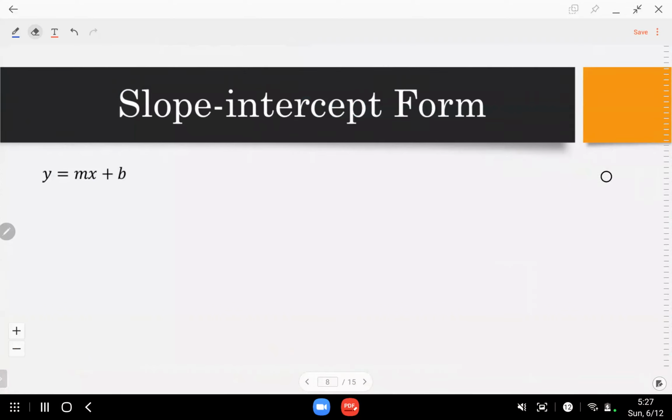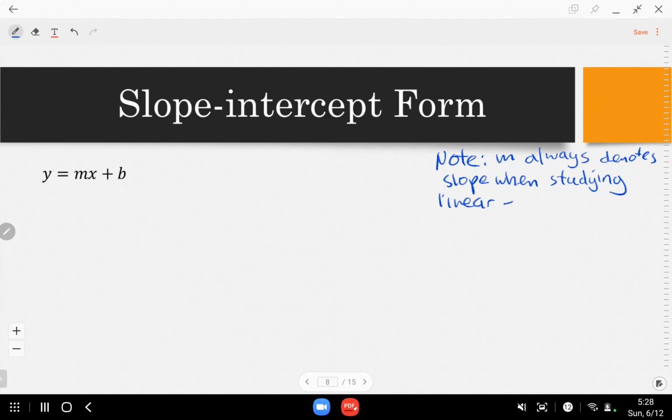Let's do this. Note: m always denotes slope when we're studying linear equations.